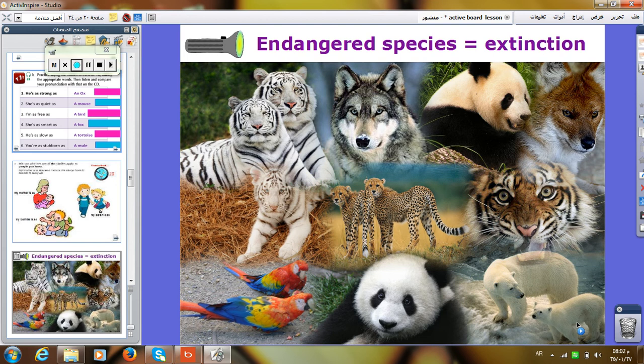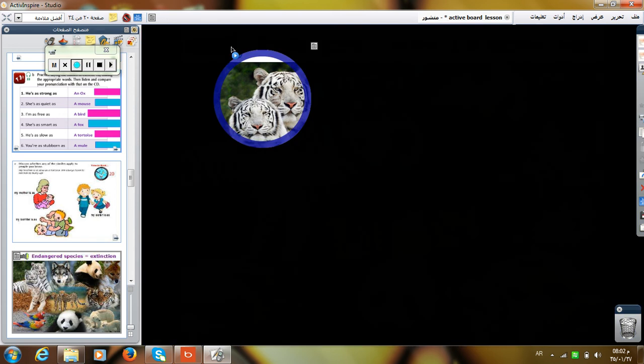In this activity, I used the strategy called focused listing. Students will list the names of the animals on the photograph. So I'm also going to use the flashlight to cover the picture, and I'll ask them if they remember the animals in the picture, and I ask them to name the animal.